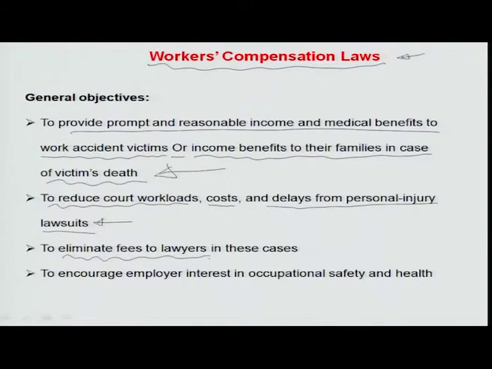Also, it is important to encourage employers' interest in occupational safety and health by giving them a mandate that if a fatal injury or an accident happens in the work system because of some non-compliance on the part of the owner of the work system, then it may lead to a high quantum of losses.